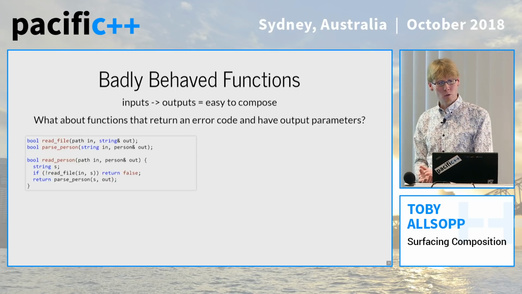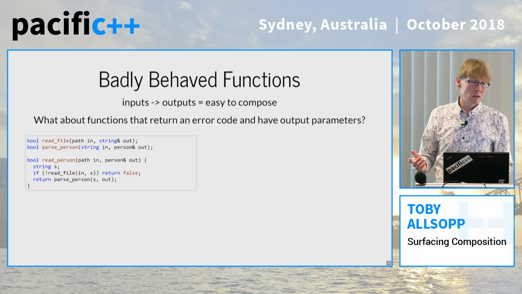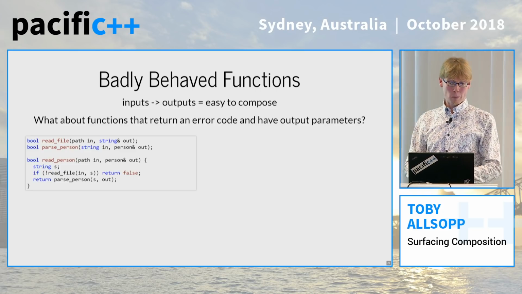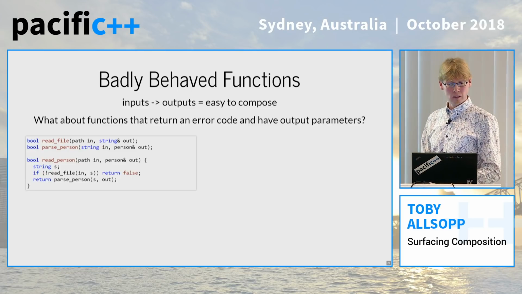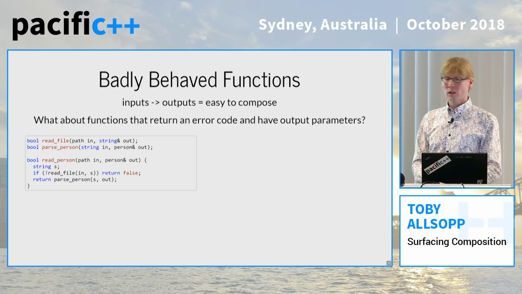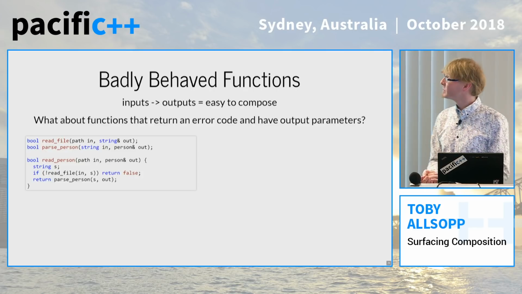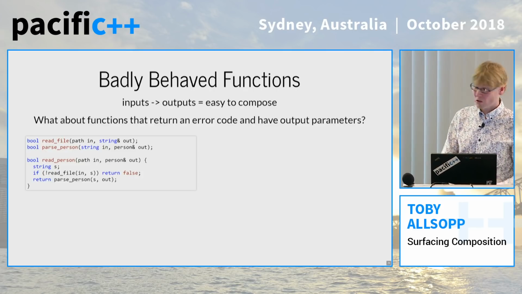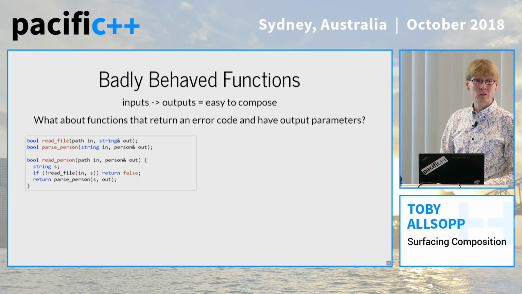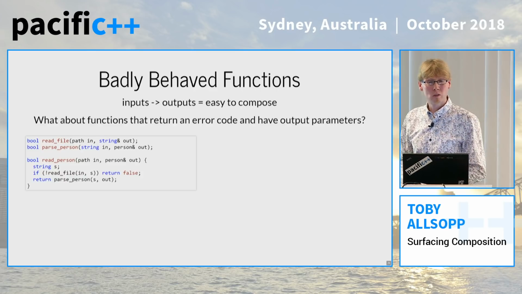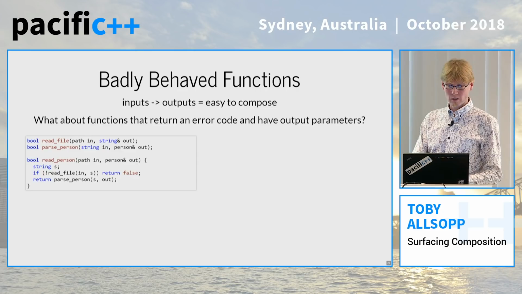So we can combine these two functions together. This is something like the code you'd write. You'd create an empty string, then you try to read the string from a file. If it failed, you return false, and if it succeeded, then you try to parse the person out of the string, and you return the result of that. So this kind of code is quite prevalent in the code base I work on a lot. I think it's pretty idiomatic in a lot of code bases.